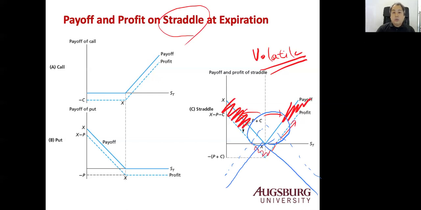So you expect to have lower volatility, then you can have a short position on this straddle. Long position, higher volatility; short position, lower volatility. And you can clearly see the evidence from this graph. So you really have to know how to draw this payoff and profit graph.